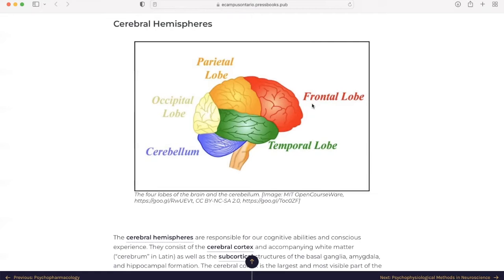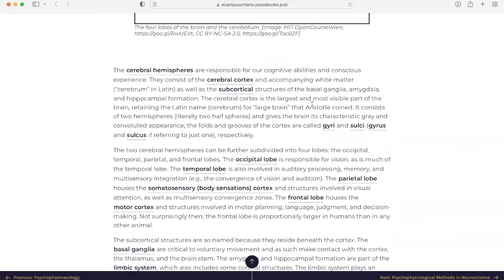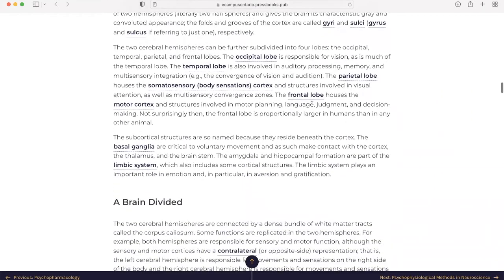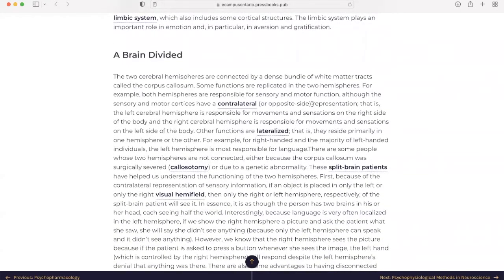Now, we're going to move on to the next question, which is: describe a split brain patient and at least 2 important aspects of brain function that these patients reveal. Interestingly enough, split brain patients are people whose 2 hemispheres are not connected, either because the corpus callosum was surgically severed or due to a genetic abnormality.